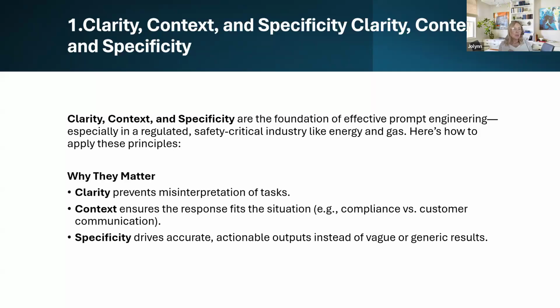That miscommunication sometimes is not only the way that we write it, but it's also the way that the system reads it. Because if we think about how Copilot actually works in the background, it's called a large language model. And it's a system that has been trained on keywords.